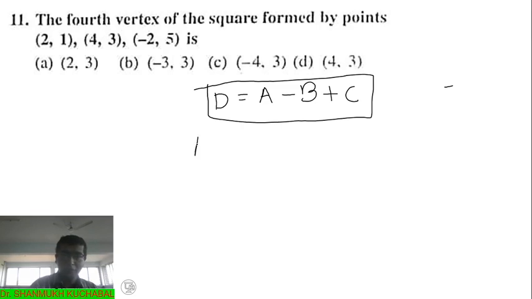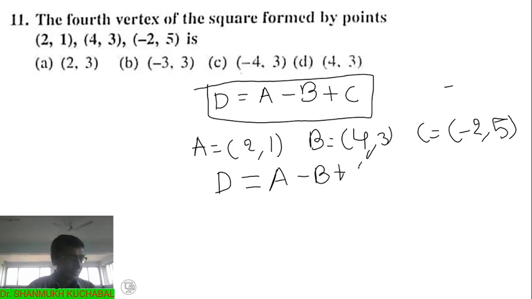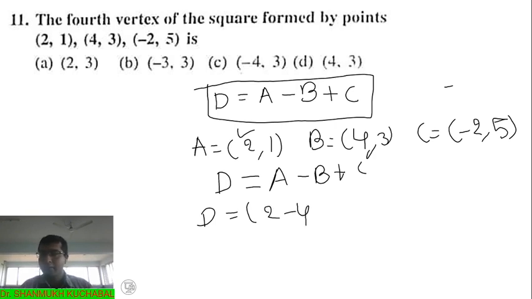So first point I take as A, it is (2, 1). Second point B, it is (4, 3). Third point it is C, it is (-2, 5). Okay, so we have to substitute in the formula D equal to A minus B plus C. So D equal to, first we will take the first coordinate, 2 minus 4 minus 2, like this.